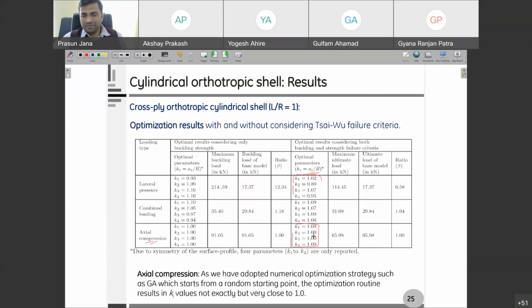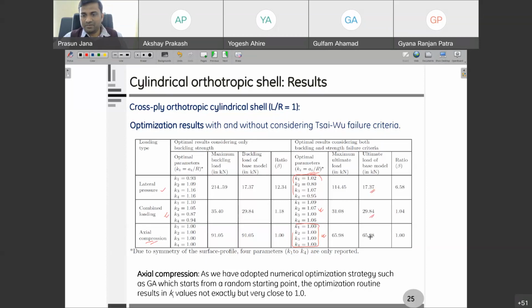That means it is the perfect cylinder. So when you have only axial load, then the optimal result is the perfect cylinder. But for other cases, when you have lateral pressure only and then combined load, meaning both lateral and axial, then you have a certain configuration. And you can see this is the base model, which is the perfect cylinder.